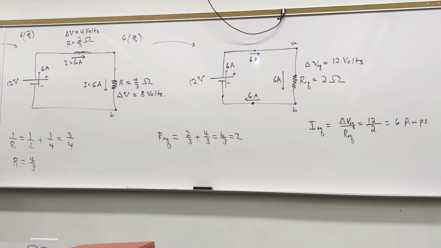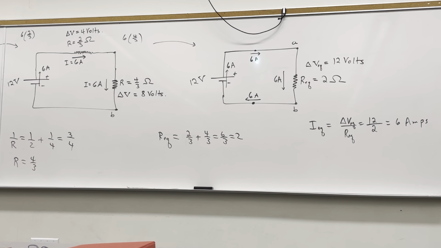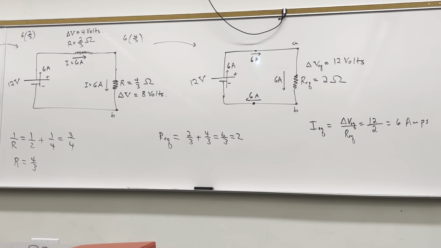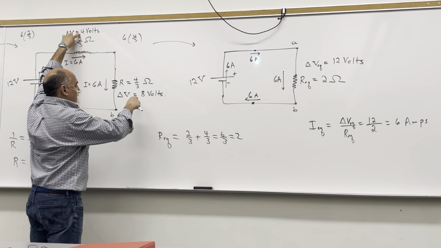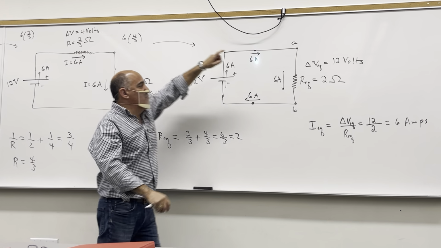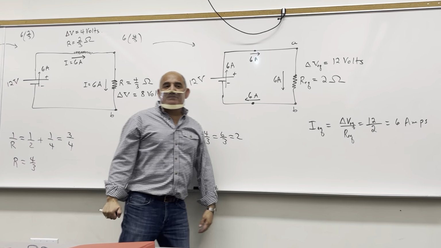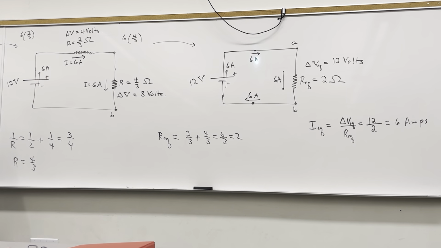How do their voltages relate to one another when they are connected in series? Well, the sum of the two voltages must equal the voltage of the resistor that's equivalent to them. So it's 4 volts plus 8 volts equal to 12 volts. Then it's good.